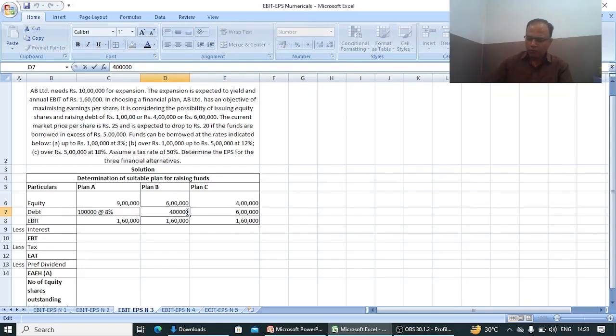Now, rupees 4 lakh. It is given in the question that 4 lakh at 12%. Now 6 lakh at the rate of 18%.